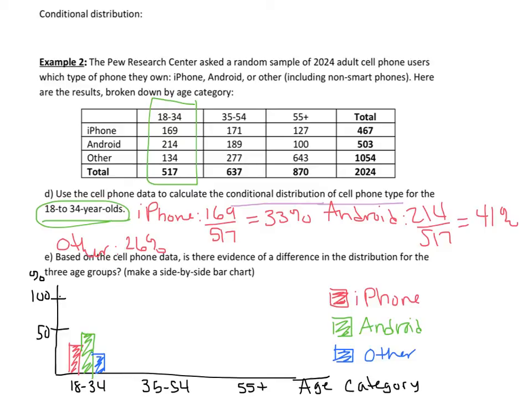The way that you will fill the rest of this chart in is by doing the conditional distribution for the other 2 groups. It takes a while to do it. I'm actually going to just let you try it on your own if you want to, but I'll draw a basic idea of what it looks like.